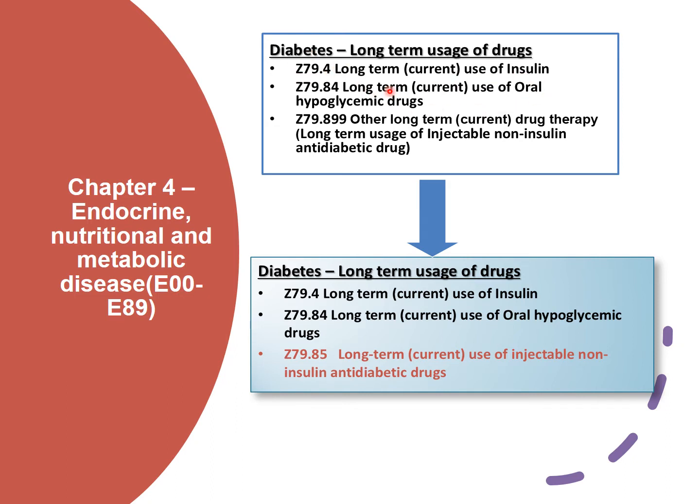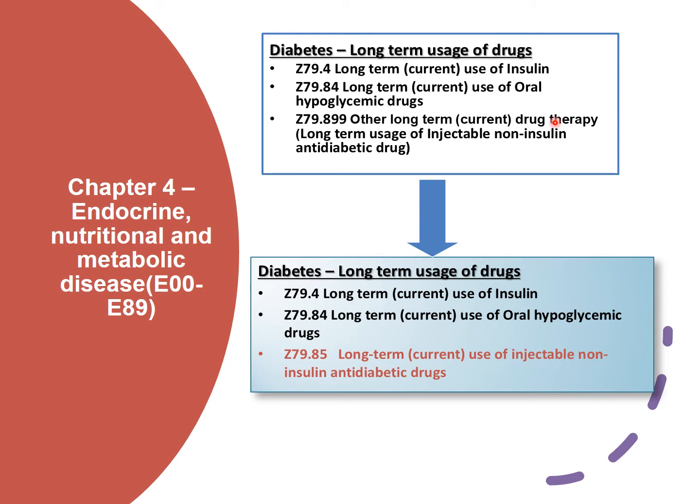Long-term use of oral hypoglycemic drugs, G79.84. For long-term use of injectable non-insulin antidiabetic drugs, there was no specific code, hence till now we have reported with G79.899, other long-term drug therapy.